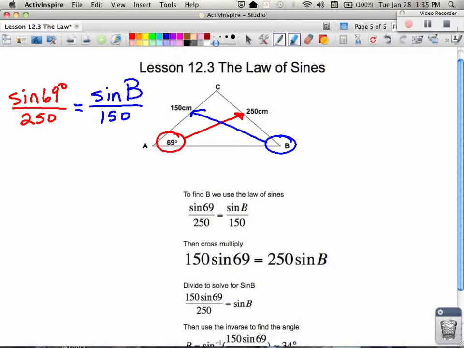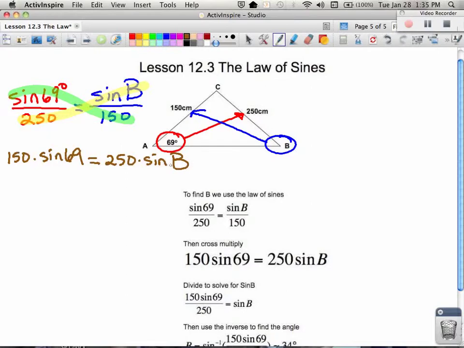And again, what we're going to do to solve this is we're going to multiply diagonally. So we have the green multiplication and the yellow multiplication. And so I start out by writing down, let's say, the green multiplication. So I have 150 times the sine of 69 should be equal to 250 times the sine of angle B, which I don't know yet.